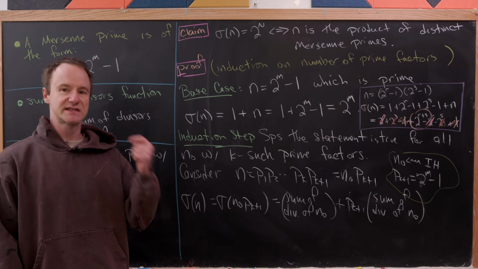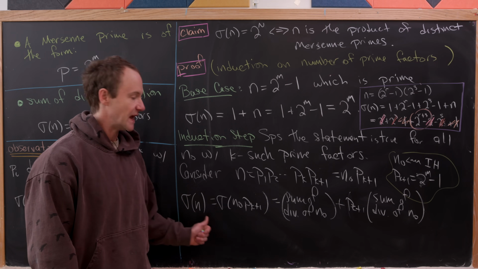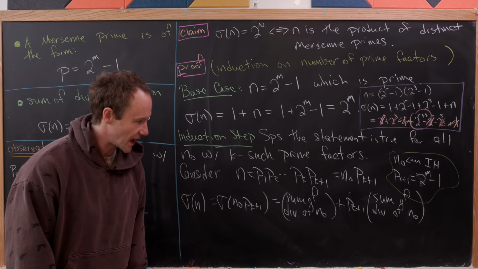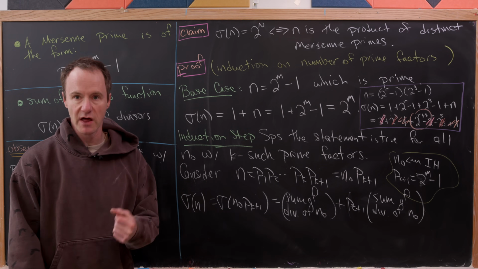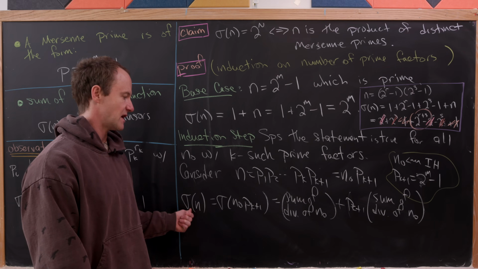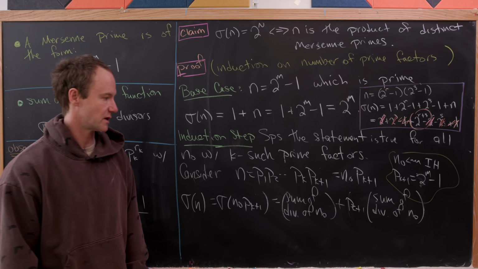And that's because we can simply partition the divisors of n into the divisors of n naught plus p sub k plus 1 times the divisors of n naught. So in other words, it's the divisors of n that are multiples of pk plus 1 and the ones that are not multiples of pk plus 1.